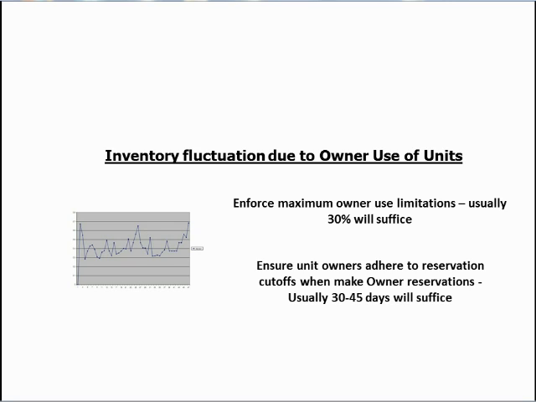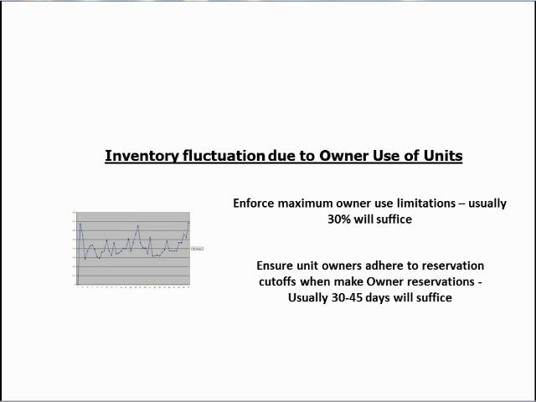Also very, very important in the condo hotel, again, somewhat of a revenue management issue, also an owner relations manager issue, is to make sure that owners are adhering to the policy of making reservations to stay in their own units at least 30 to 45 days out.